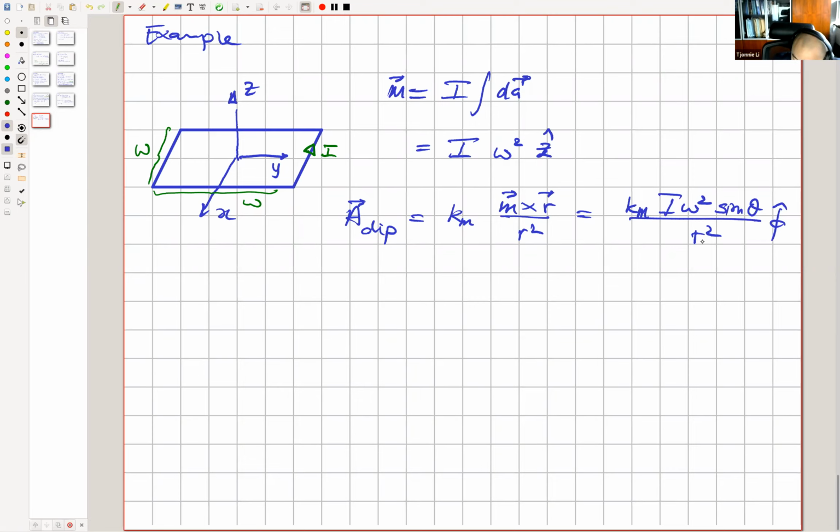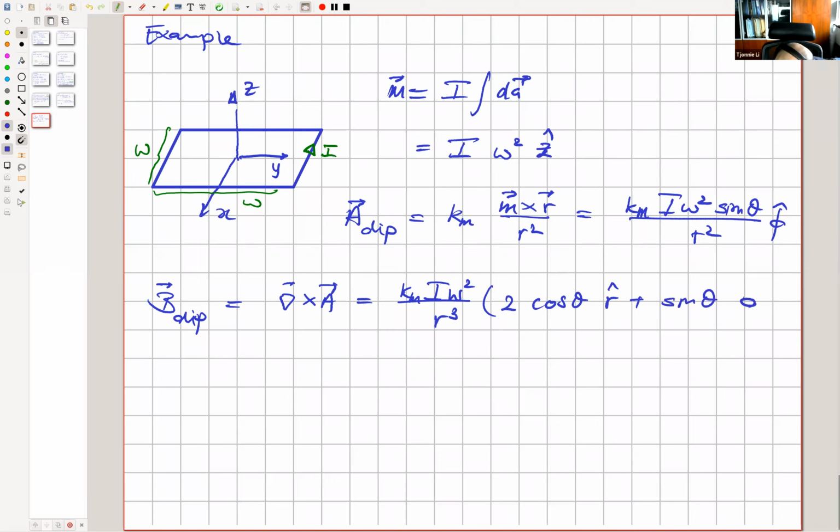So that's the dipole moment, and this is in spherical coordinates, by the way. I can also take a look at the B field here, which is just curl of A. And if you go through it, you ought to get something that looks like Km, and I'm just going to keep the m, I w squared over r cubed, 2 cosine theta r hat plus sine theta theta hat.